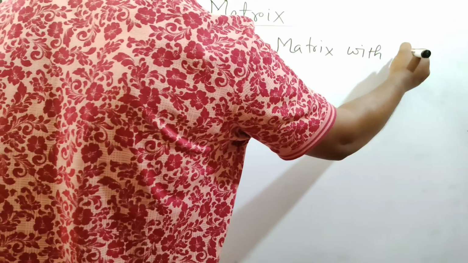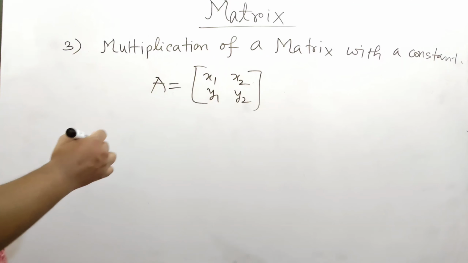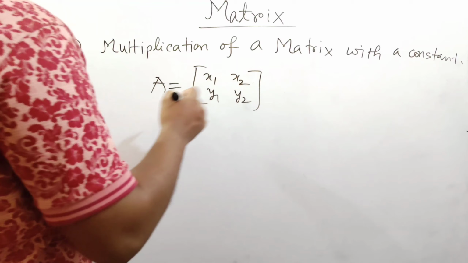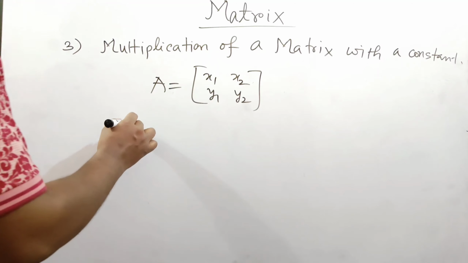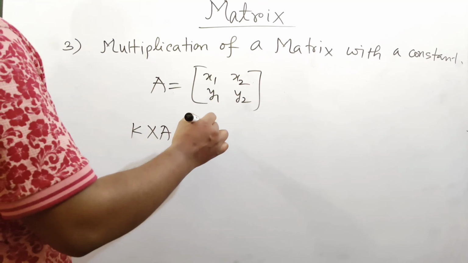Okay, so if we multiply a matrix with a constant, then what will be the value of this matrix? For example, if a matrix is considered like that, x1 x2, y1 y2, and if we multiply this matrix with k, that is k multiple A, then what will be the value of this?